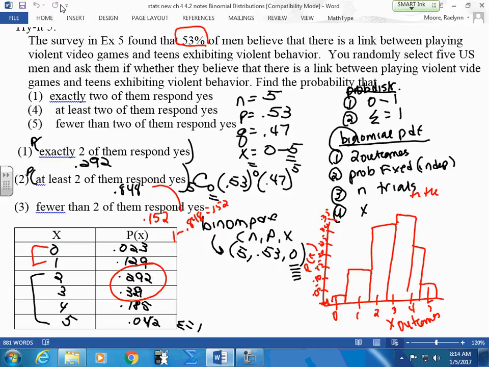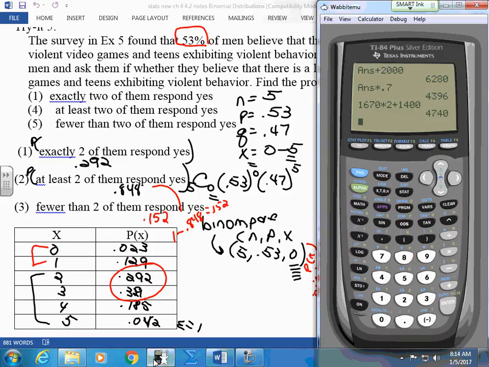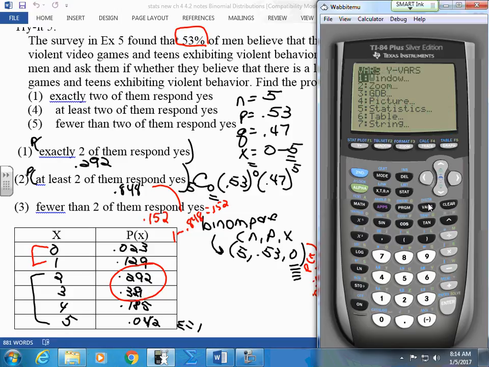Yes? Can you show me how you put in your calculator? Sure. Go second pairs. Second pairs. And come down till you see the word binomial. And there's two of them, binomial PDF, binomial CDF.